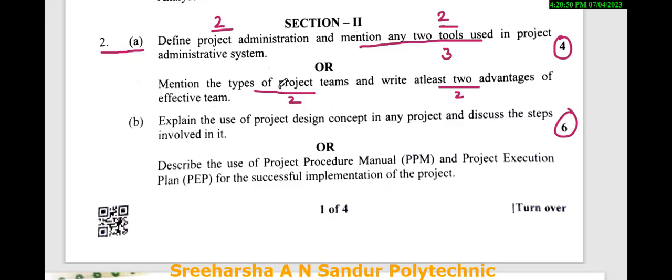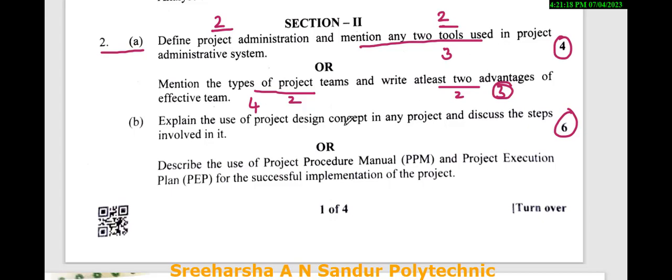I suggest you write a minimum of 4 team types, and for advantages, at least 3, such that writing 1 or 2 points extra will not harm anything. At least it will be advantageous to you.